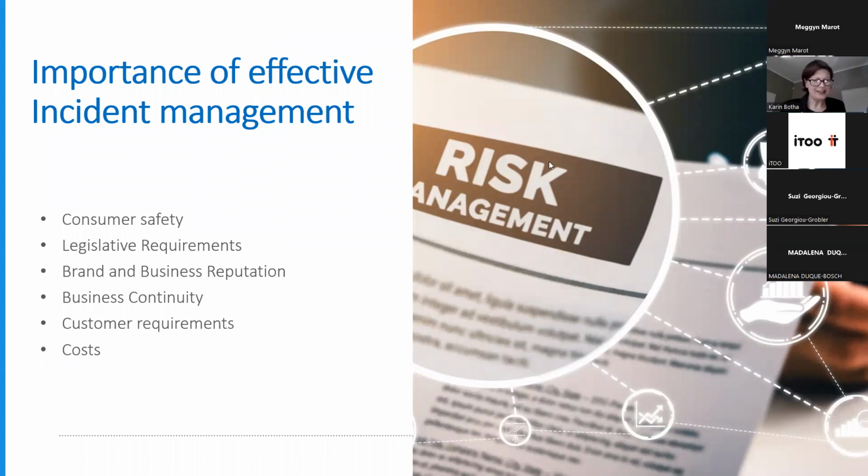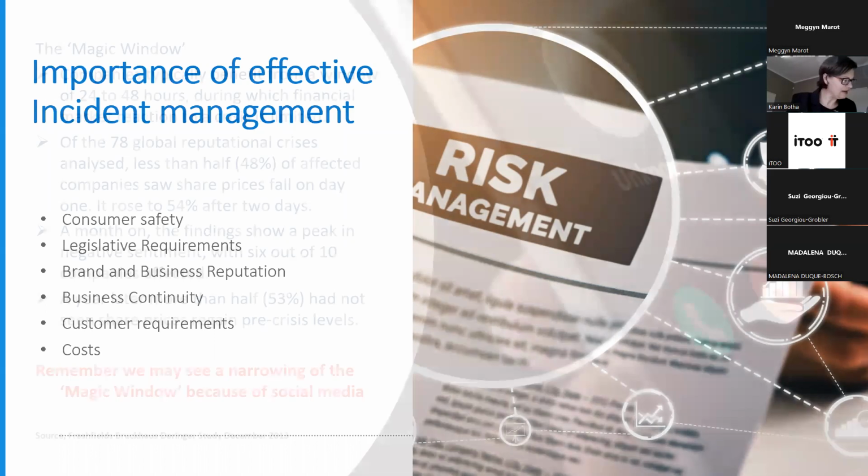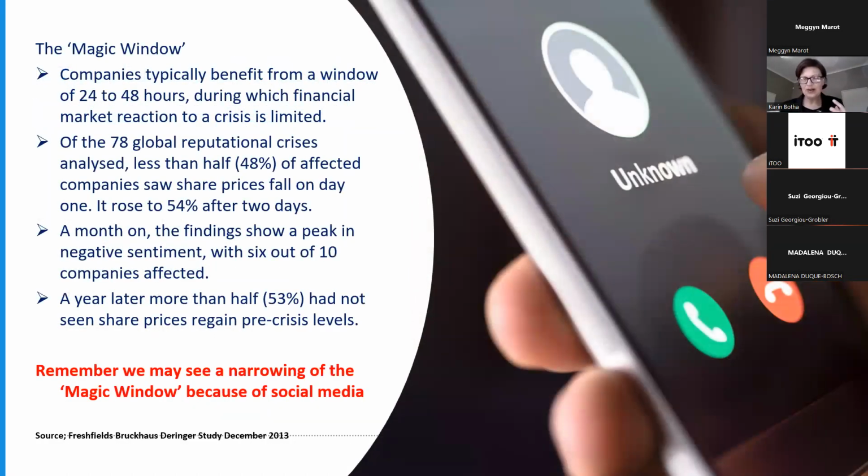All right, so we can go to the next slide. Thank you, Megan. I think the key about this whole thing is the response time when you have to decide, okay, is this now a recall or not? And we talk about the magic window.